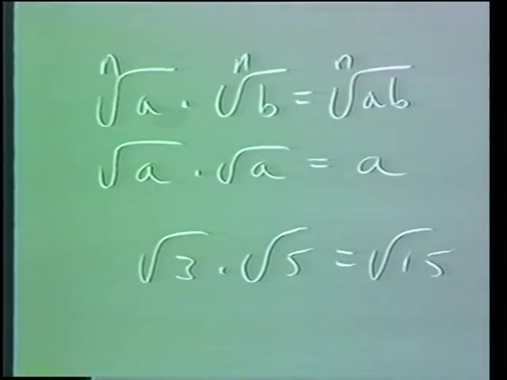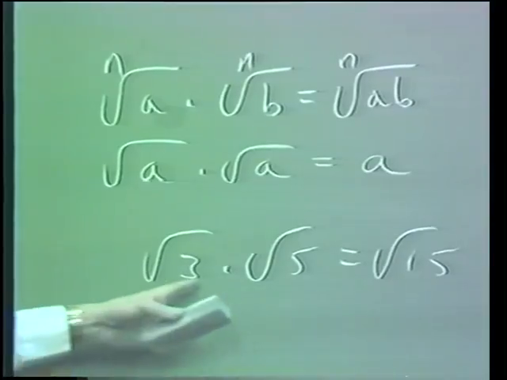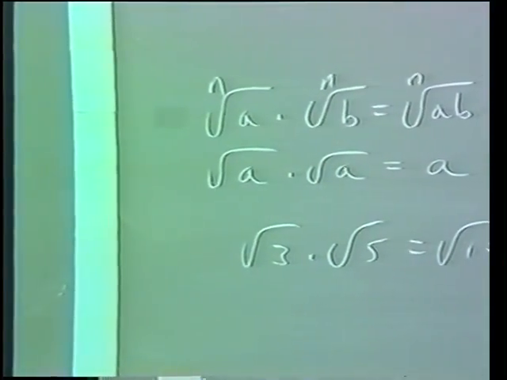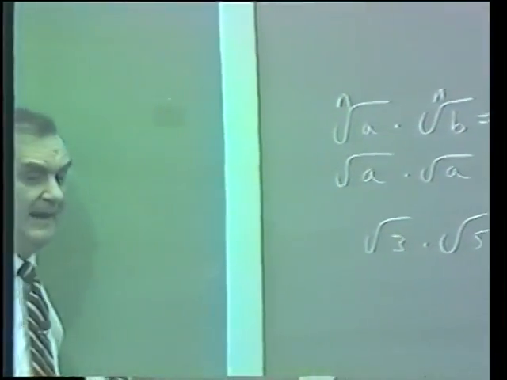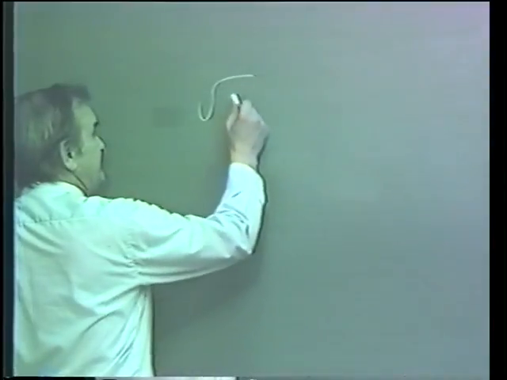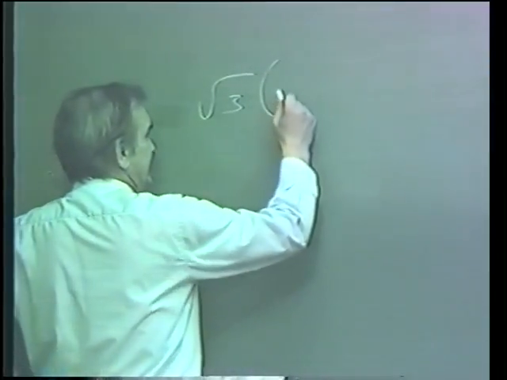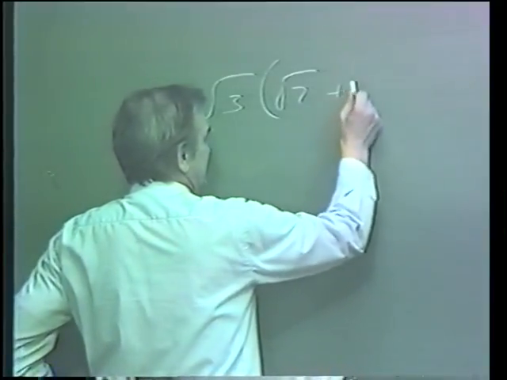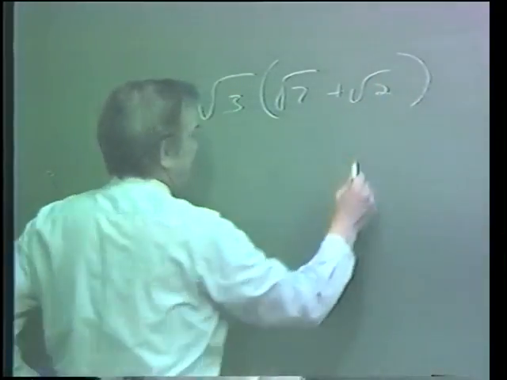What we did there is multiply a monomial times a monomial. Now we're going to multiply a 1-termer times many terms. Example. Let's suppose we have the square root of 3 times a quantity, the square root of 7 plus the square root of 2.